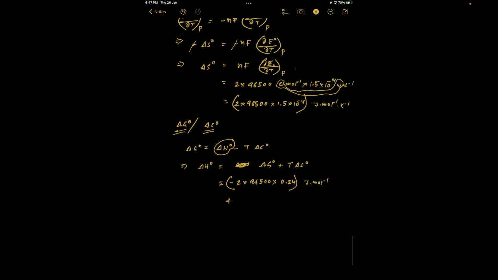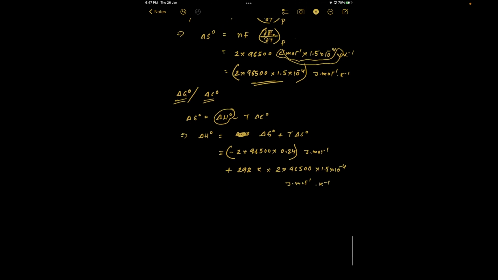Then T is 298 Kelvin, 298 Kelvin times ΔS0, which is this 2 times 96,500 times 1.5 times 10 to the power minus 4 joule mole inverse Kelvin inverse. Okay, now this Kelvin inverse will get cancelled out, so the total unit of ΔH0 will be joule mole inverse.